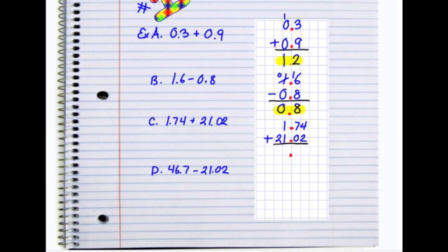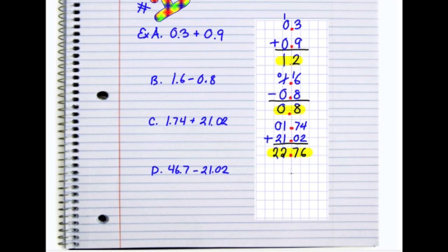The first add-in that I have doesn't have a digit up here, so I am going to insert a 0 just to hold that place so I don't lose myself when I'm adding. Then I'm just going to add. 4 plus 2 is 6, 7 plus 0 is 7, 1 plus 1 is 2, and 0 plus 2 is 2. So my solution here is 22.76.